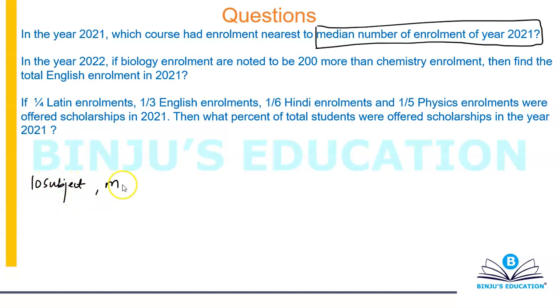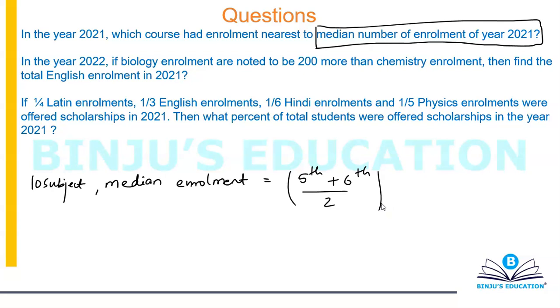So median enrollment will basically be the average of the course which ranks 5th and 6th enrollment wise.